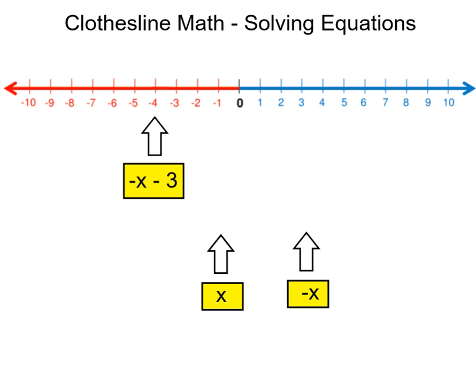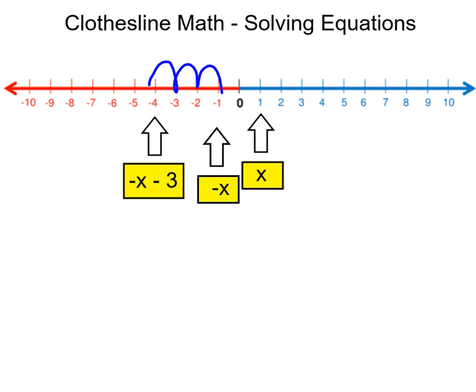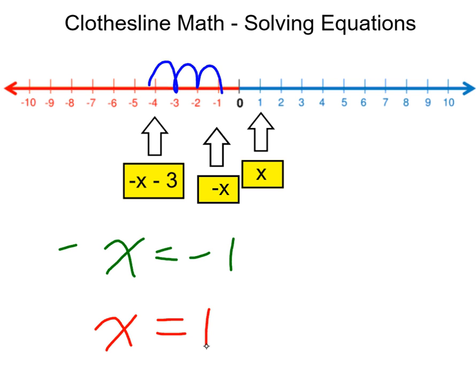We'll end up at -1. That's what -x is. What would positive x be? Positive x then would be 1, because they're opposites. If -x were -1, then positive x would have to be +1. They're opposites of one another.